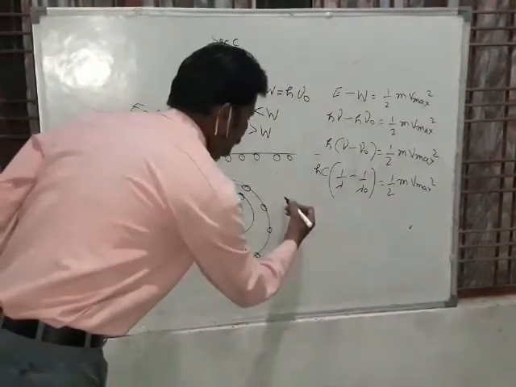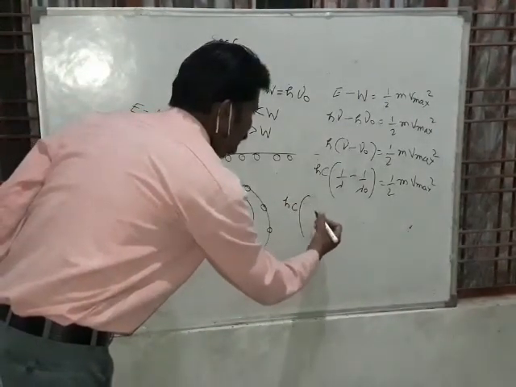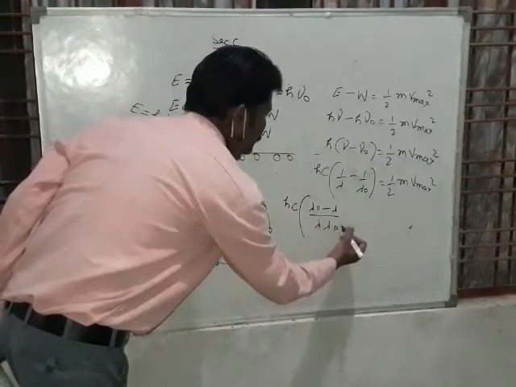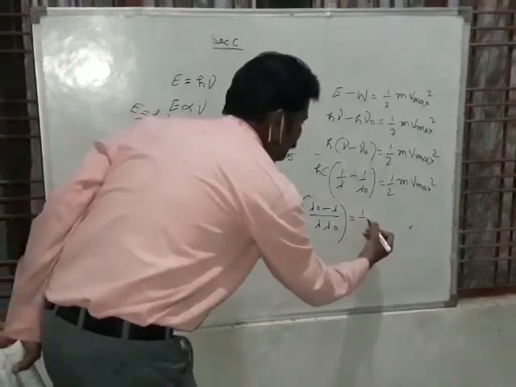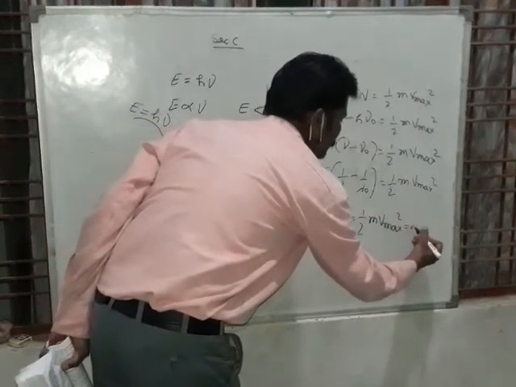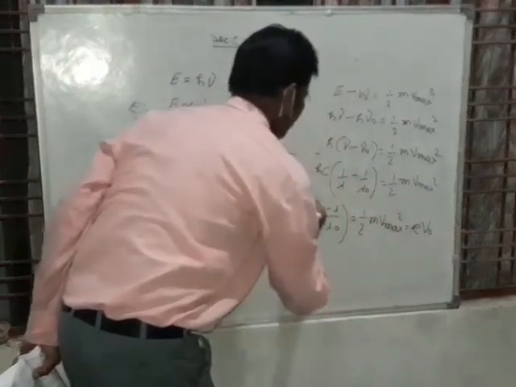So this expression can be written in the form lambda naught minus lambda upon lambda naught equals half m v maximum square equals eV naught. This is the required expression, and according to the question, we have to derive Einstein's photoelectric emission. This is the derivation which is required.